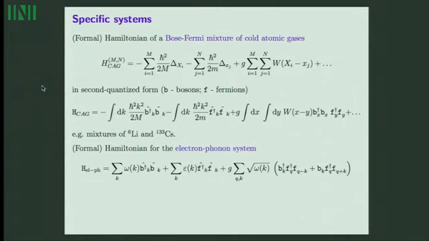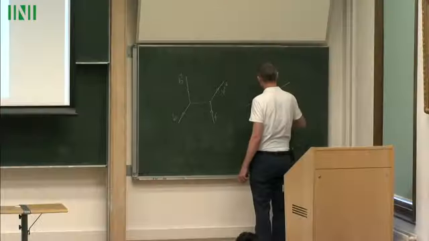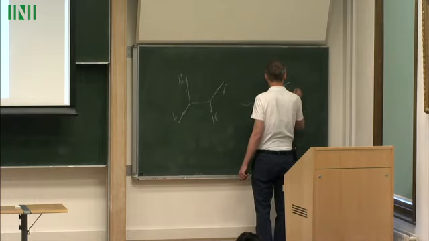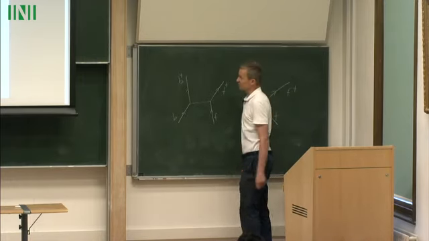This one, when you describe it pictorially, you would think of an interaction B going in, B coming out, F going in, F coming out. So maybe I should write it like this. This one is different. This is just you have a boson which scatters off a fermion. So this would then be something like that.